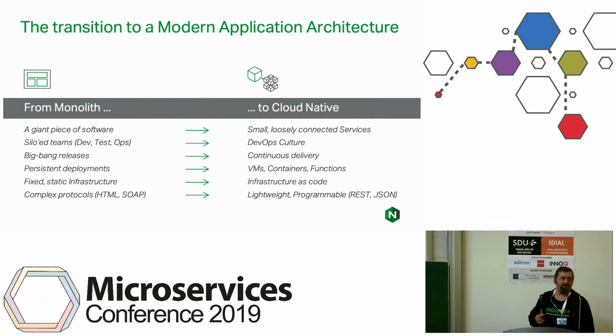You have a DevOps culture, so the teams actually function as a cohesive unit rather than a siloed approach, which is typically the traditional approach. You have continuous delivery into anything, into bare metal, into VMs, into containers, or even functions. You finally get to see infrastructure as code. And you do that using typically lightweight programmable interfaces, REST, JSON, etc.